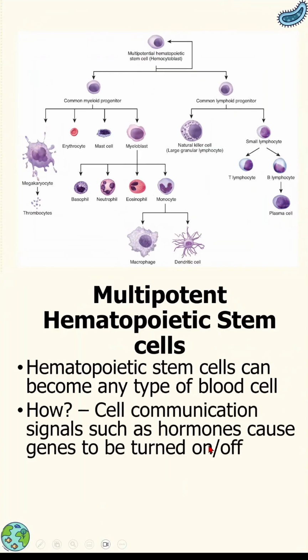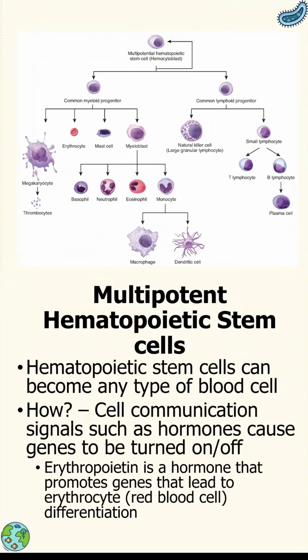And again, how does this happen? Primarily through cell communication, which again turns genes on or off. So this could be hormones or anything like that. So I'll give you one example. Erythrocytes, which are red blood cells. To produce an erythrocyte, you need the hormone erythropoietin, which your body produces.